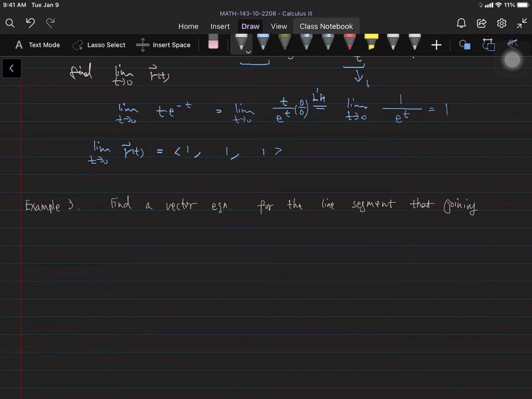And the points are P, which is 1, 3, negative 2, and point Q, which is 2, negative 1, 3.